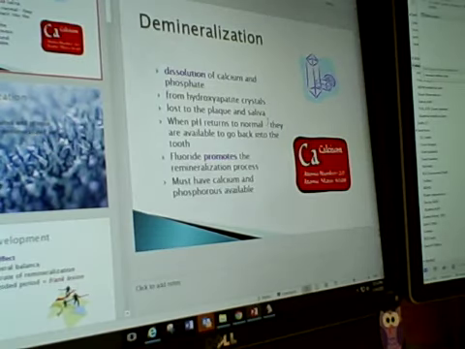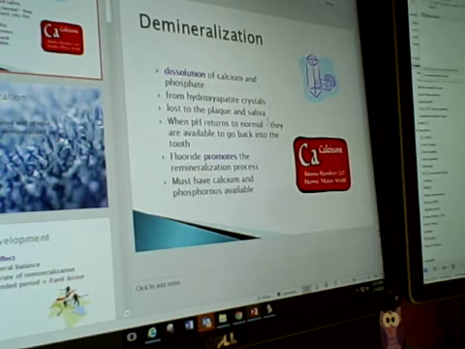Demineralization is the dissolution of calcium and phosphate from the hydroxyapatite crystal that the enamel is made of. So it's lost into the plaque, into the saliva. When the pH returns to normal, then the calcium and phosphate are available to go back into the outside tooth enamel surface.